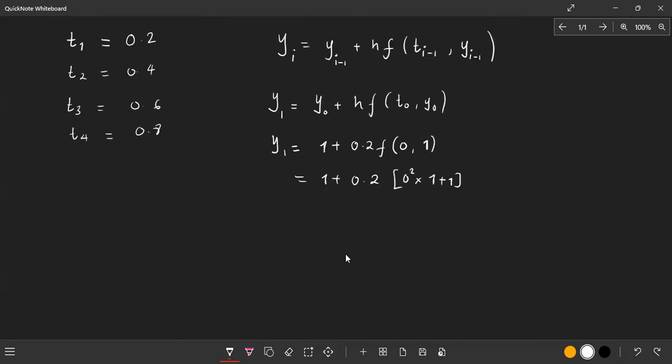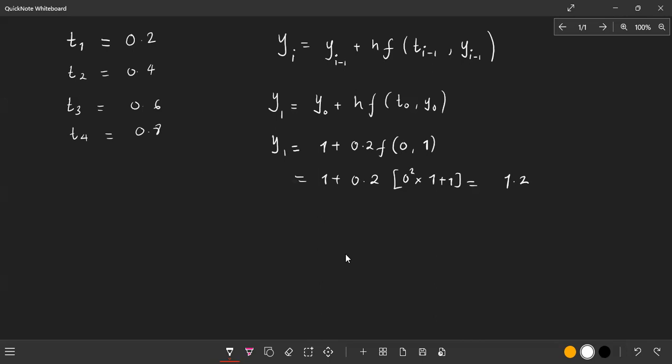So upon doing that, we have 1.2. So I get 1.2 at t equal to 0.2. So the value of y is equal to 1.2. So this is simply t1, y1. So we have that value, which is 1.2.